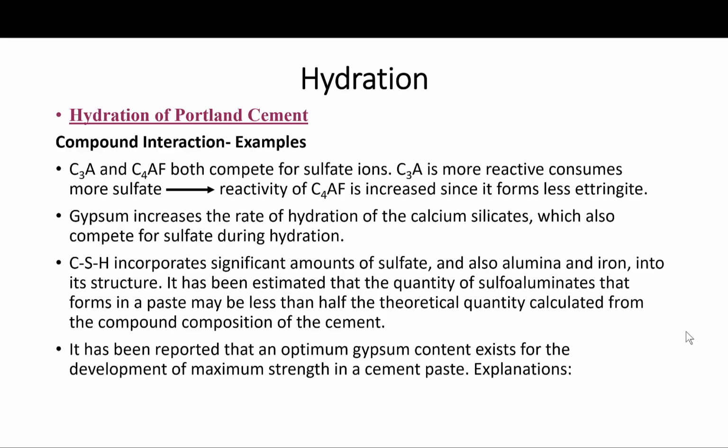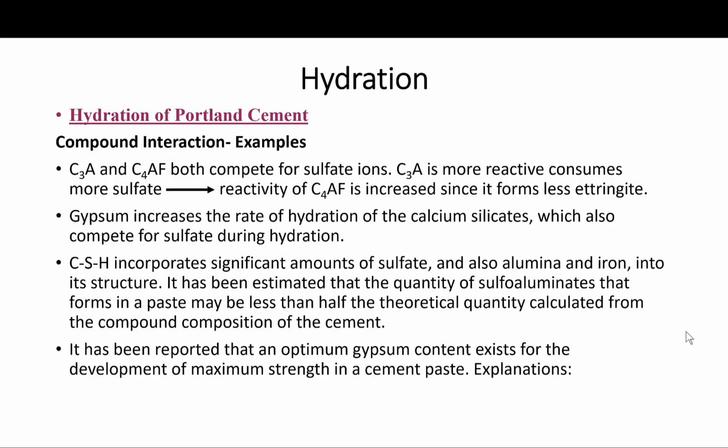So let's give examples of the compound interactions within the cement. The assumption made earlier that the cement compounds hydrate independently, as I said, is a reasonable one for most purposes, but is not entirely true. I re-emphasize that again.